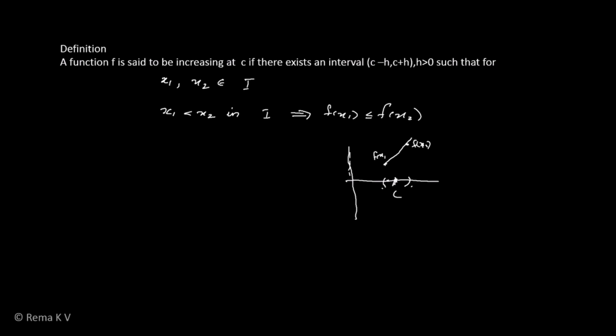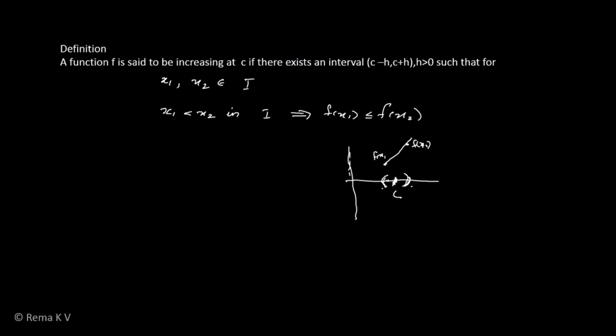Given a point C here, if we can find an interval (c minus h, c plus h), where h is a number greater than 0, such that in this interval the condition of an increasing function is satisfied, then we can say that the function is increasing at this point.